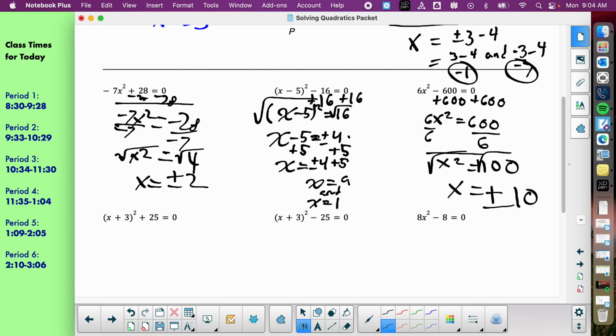That tells you the order of importance. Most of the problems we get, there aren't going to be ties. You're just going to cancel things off along the way. Like the middle one, you cancel the plus 16 first. And then the negative 5 is directly on the x, but the squared is on both of them, so you have to cancel off the squared next. And then the third one is very similar to the first one.